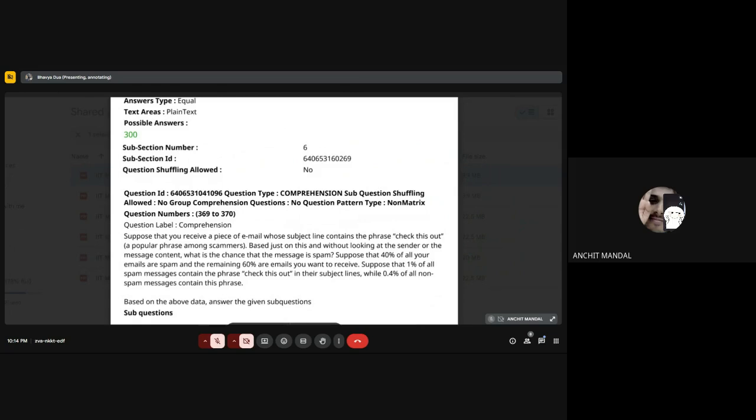Now we have a Bayes theorem question. 40% of all your emails are spam. So P of spam is 0.4. P of not spam is 0.6. 1% of all spam messages contain the phrase 'check this out'.